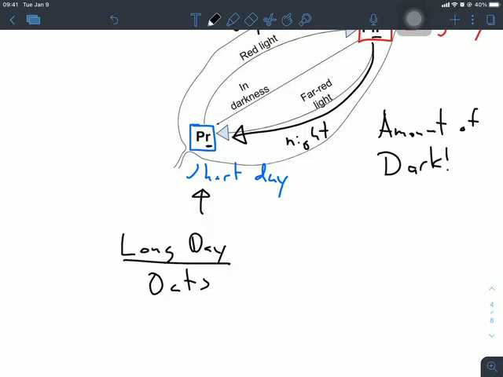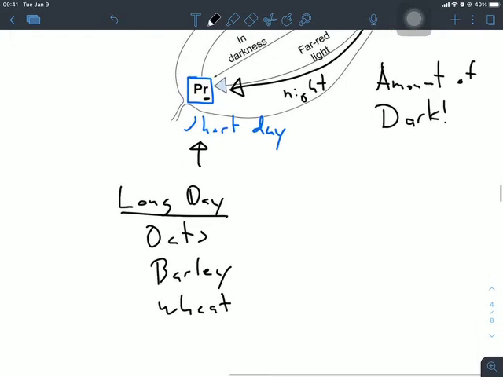You also have some facultative long day plants, meaning that they can be a little bit flexible, but you'll get barley and wheat. You can tell I have a preference for bread products, but also pea plants are long day plants. And then we have a slew of short day plants that you may be familiar with.